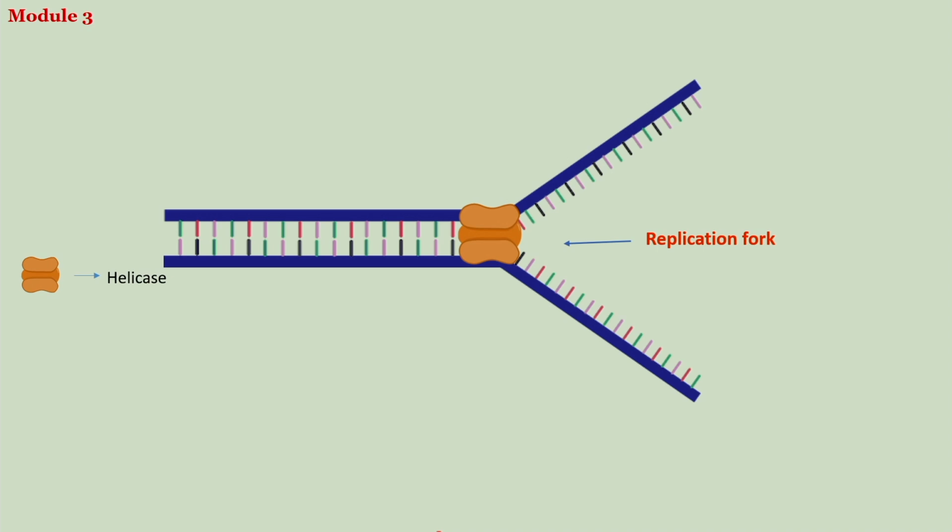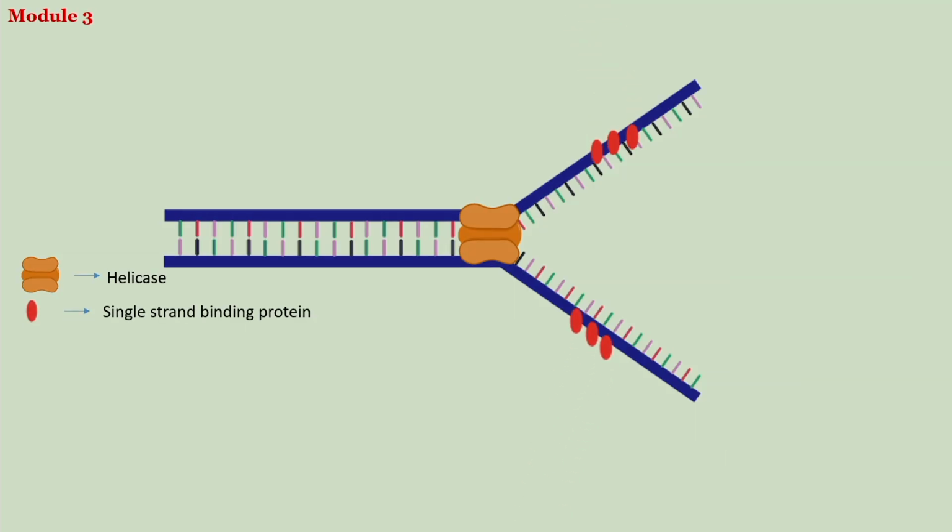So, in order that these 2 newly formed single strands do not come again to the hybridized strand, another set of enzymes comes and stabilizes these single strands. These are known as single stranded binding protein, or in short SSB protein. SSB proteins bind to the single strands, and generally DNA binding is quite strong, so it is a stabilizing factor.